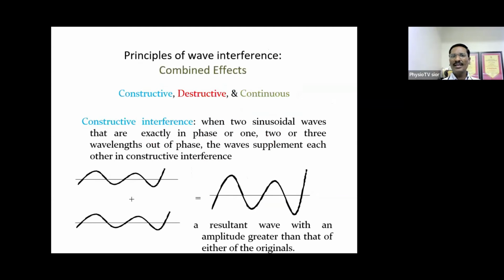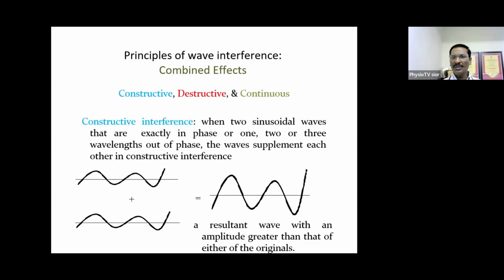Now let us try to understand this interference properly. When it comes to the interference of waveforms, there are three terms we should understand: constructive interference, destructive interference, and continuous interference. First, constructive interference. Constructive interference results when two sinusoidal waves are exactly in the same phase.